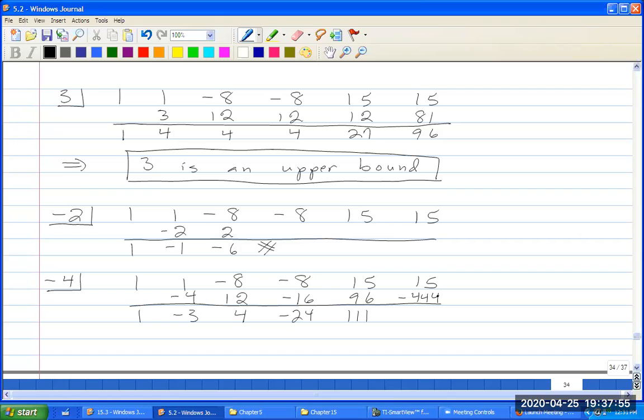Assuming I haven't made any arithmetic error here, it should be pretty close. And so this is going to give you a negative 425.29. So it alternates in sign. That gives you a lower bound. So negative 4 is a lower bound.